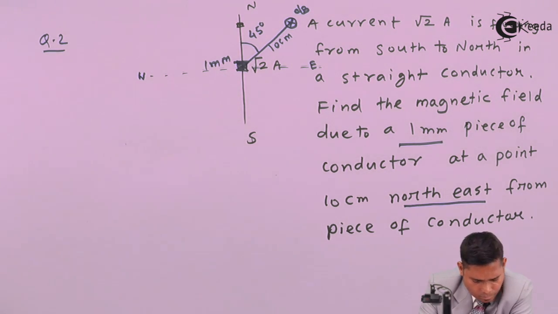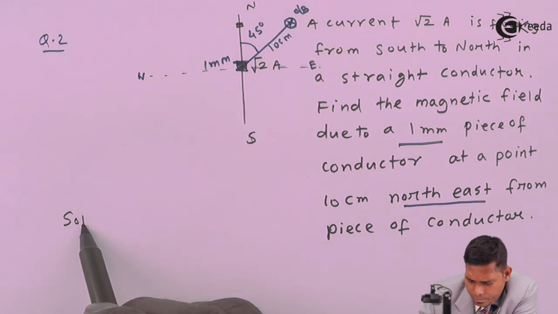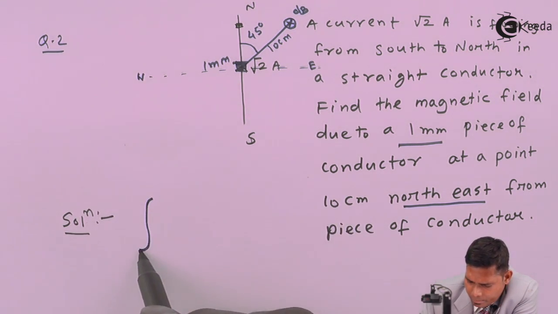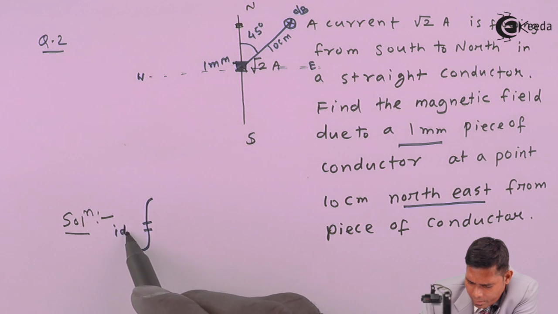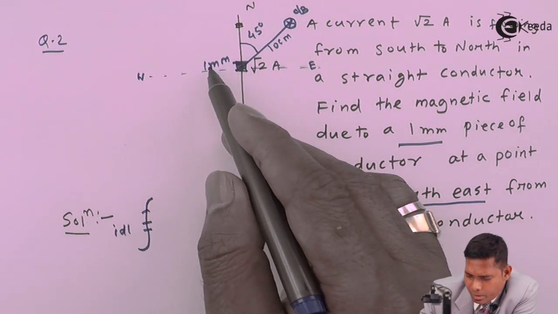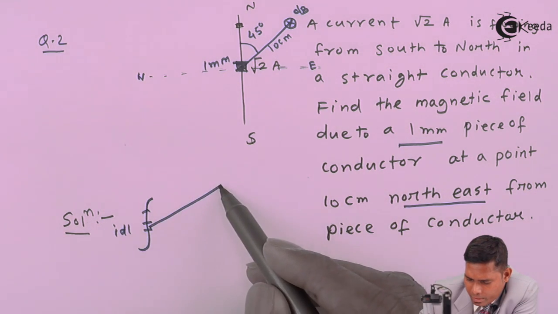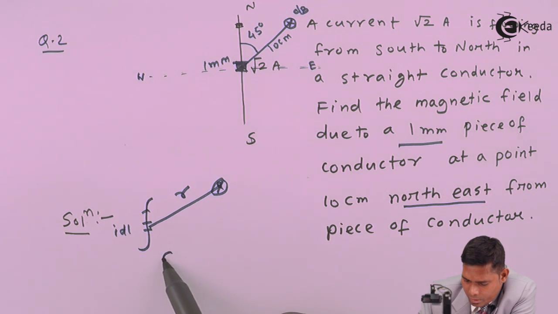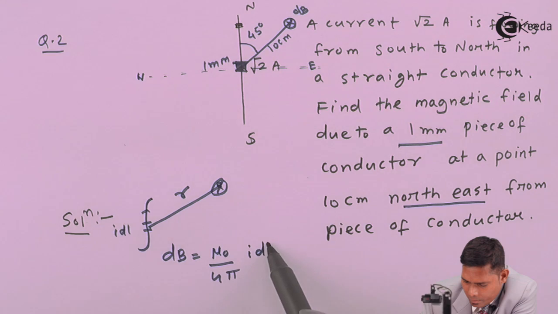Now we know that from a current element, according to the Biot-Savart law, this is the solution. If you have a current element I dl, a small element of length dl, just like here 1 mm, at a distance r, at this point, the dB is given by this formula.